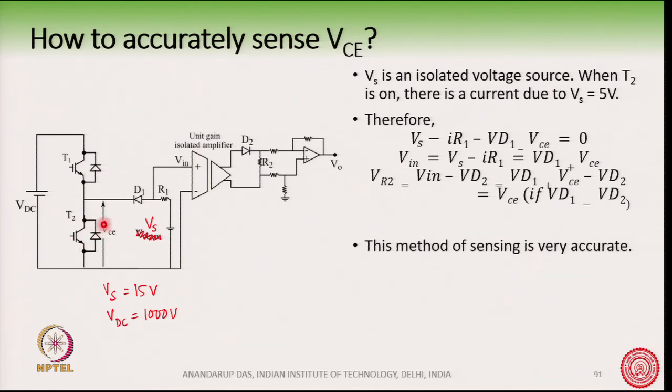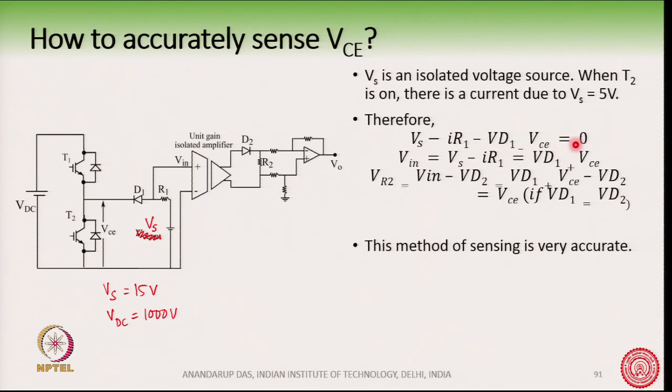Now, when T2 has been turned on, Vs will cause a current to flow here. So, what is the KVL when this transistor has been turned on?